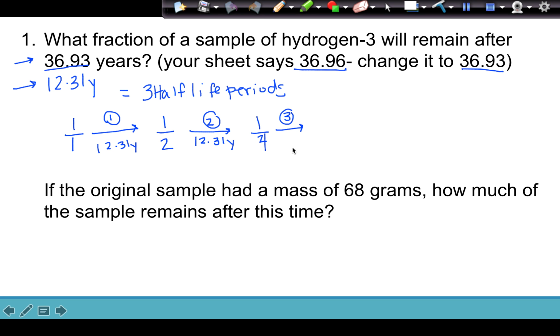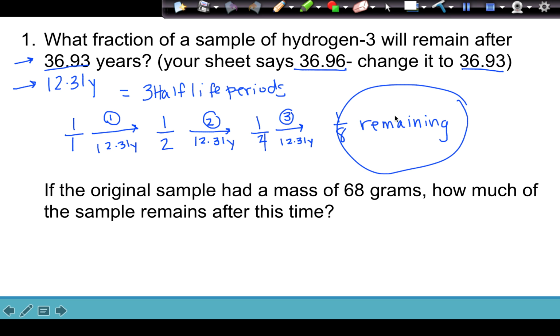After our third half-life period, another 12.31 years, we have 1/8 remaining. That means that the other 7/8 have turned into another atom. Hydrogen-3 decays by beta decay. So 1/8 of those atoms are remaining as hydrogen-3, and the other 7/8 have changed into the product of the transmutation.